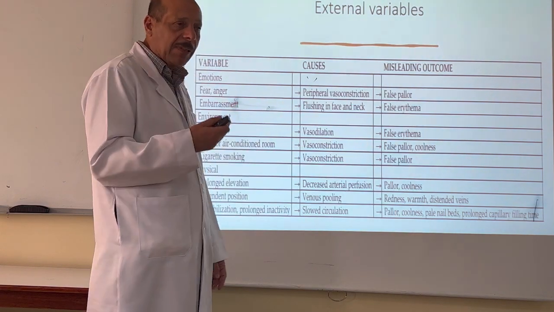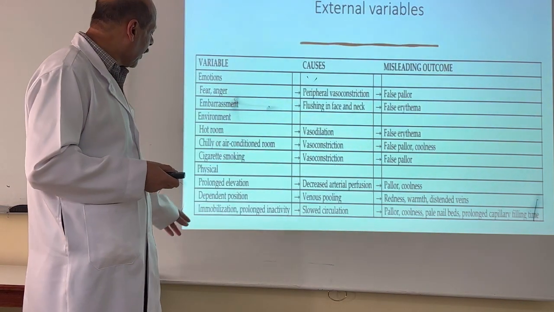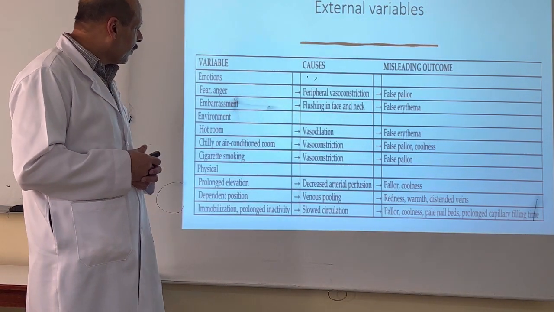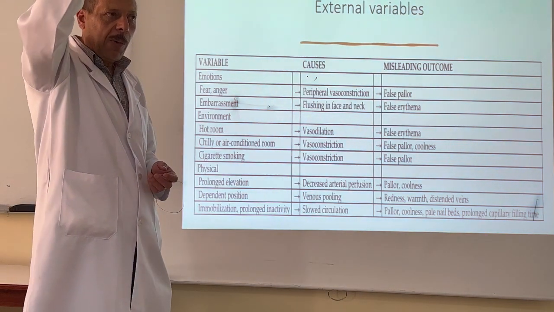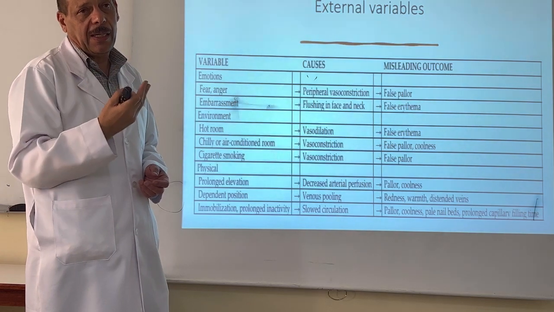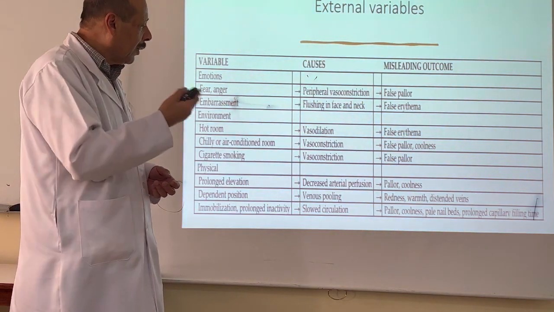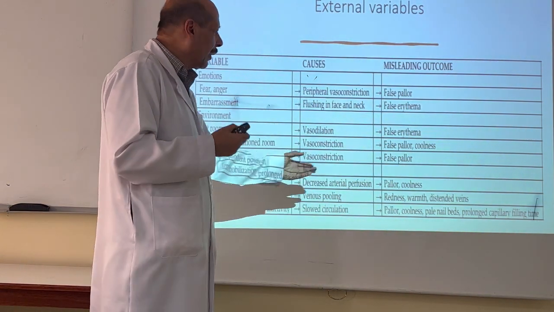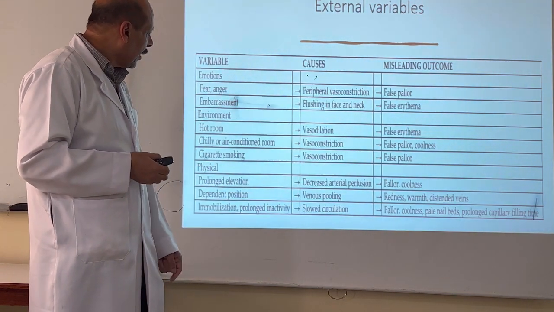Physical problems or physical activities, prolonged elevation. If we are going to high altitudes, it will affect the level of oxygenation, so it will also give pallor and coldness. Dependent position.